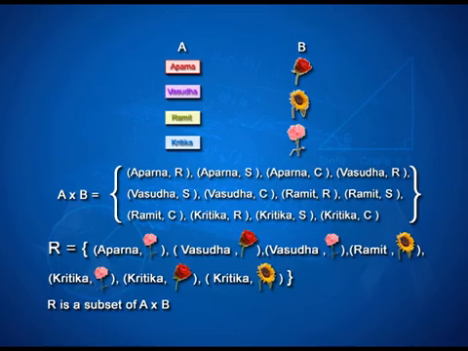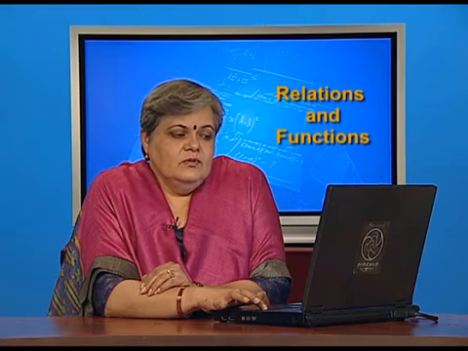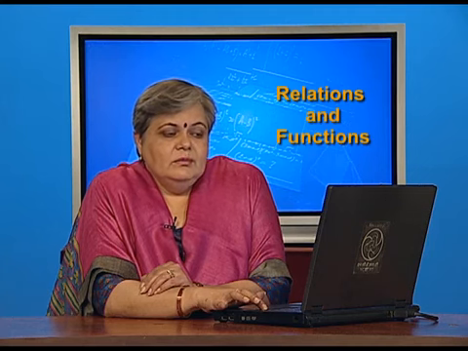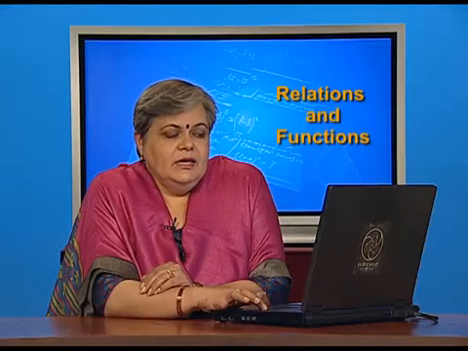Now, if R is a subset of A cross B, then it is also interesting to note that A cross B had 12 elements and R is one of such subsets. Now, there is always a possibility that all these 4 people, that is Aparna, Vasudha, Ramit and Kritika, may like all these 3 flowers, and therefore, I will have 12 elements in the set R. That means, the relation can be A cross B itself also.